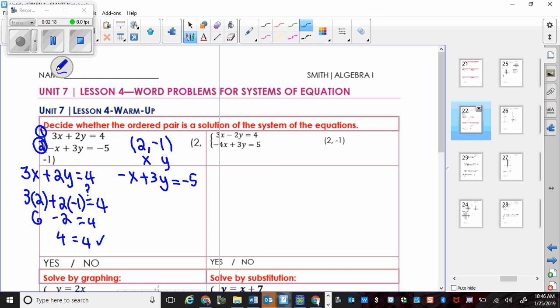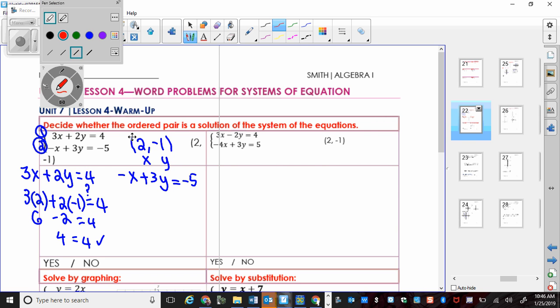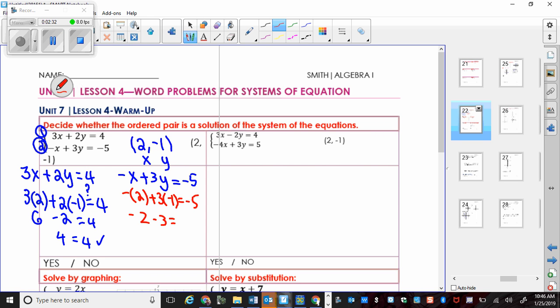Now, for the second equation, we have -x, so that's going to be -2 plus 3 times -1 equals -5. This is -2 minus 3 equals -5, and for this particular equation, the coordinates are true. So I have a little check here.